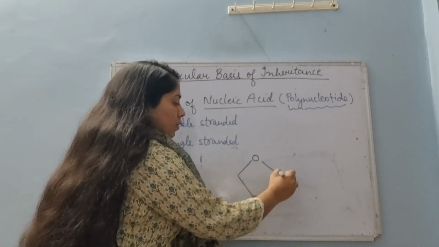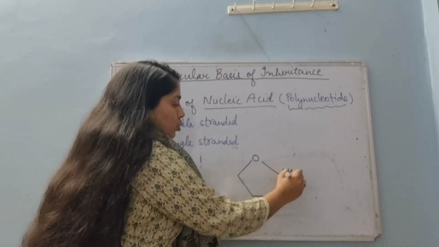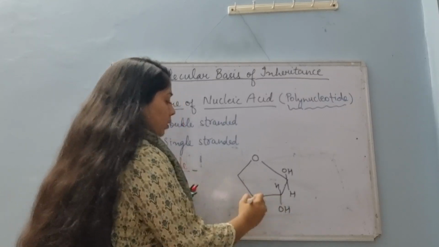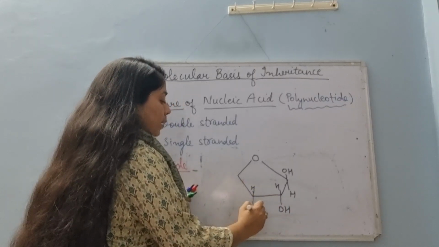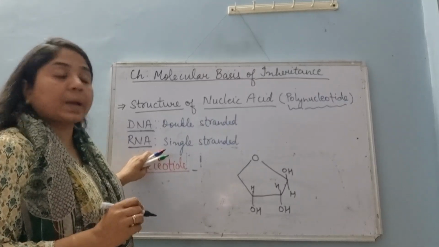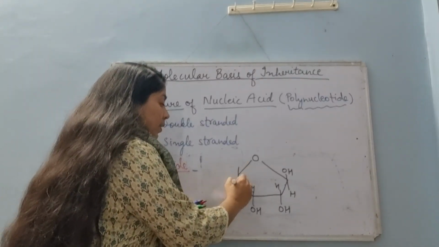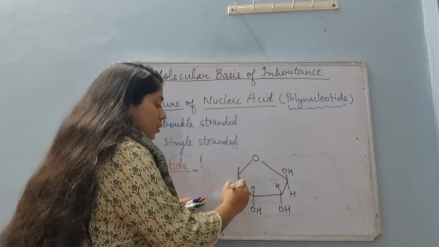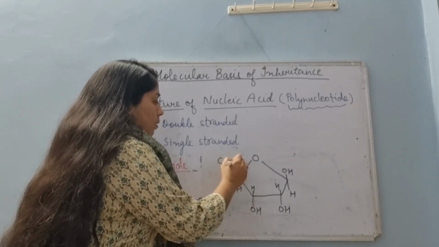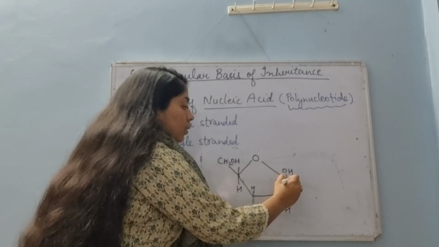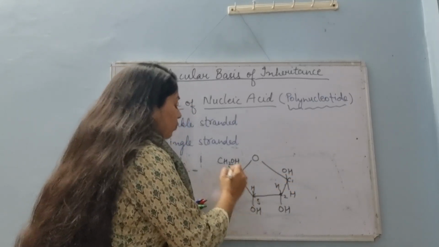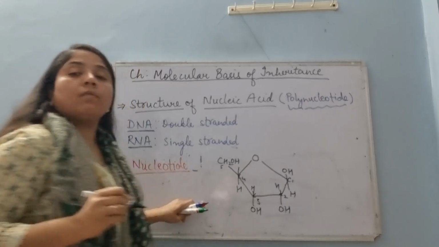First one is ribose sugar, which is found in RNA, ribonucleic acid. And second one is deoxyribose sugar. So we will see this. 5 carbons: carbon number 1, carbon number 2, carbon number 3, carbon number 4, and this one is carbon number 5.